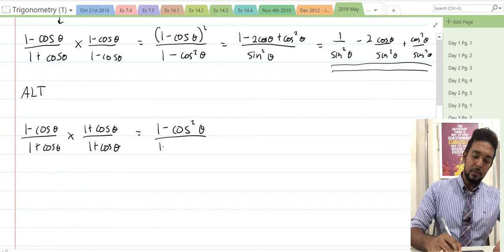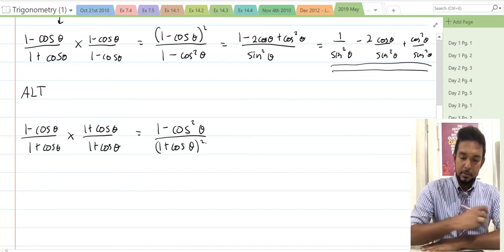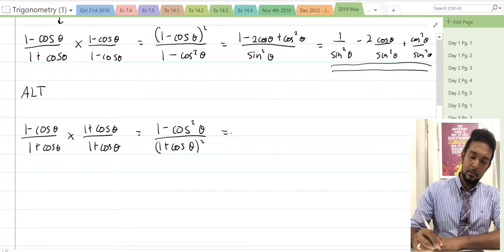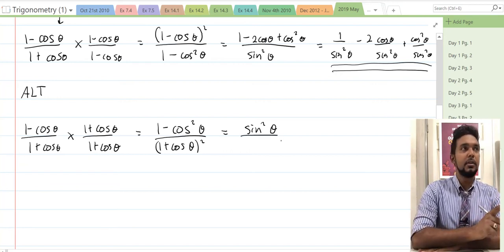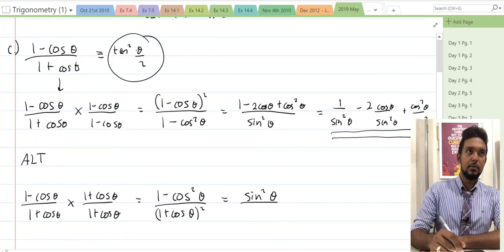Our denominator would be 1 plus cos theta all squared. What's 1 minus cos squared? Sine squared, right? So now our sine squared is in our numerator, which actually is not a bad thing, because remember what we want to go to: tan squared.